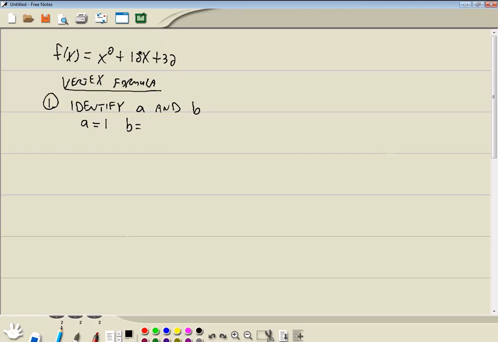And b is what's in front of our x, which in this problem is 12. Second step, plug these values into negative b over 2a and simplify.